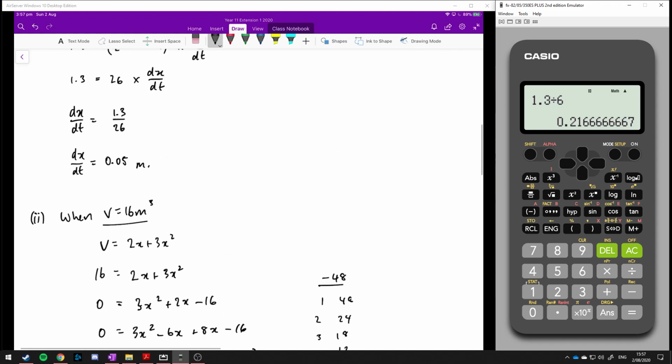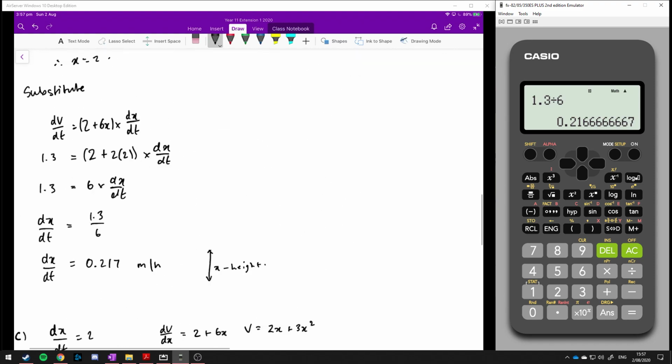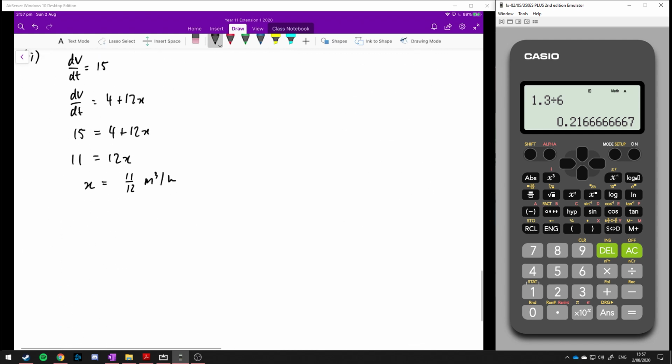Oh, sorry, that's a lie. We've calculated the depth when the flow is that, so that is our depth, x, and you can see that too, because it's an x value there. So what we would say is, therefore, the pool has height 11 on 12.